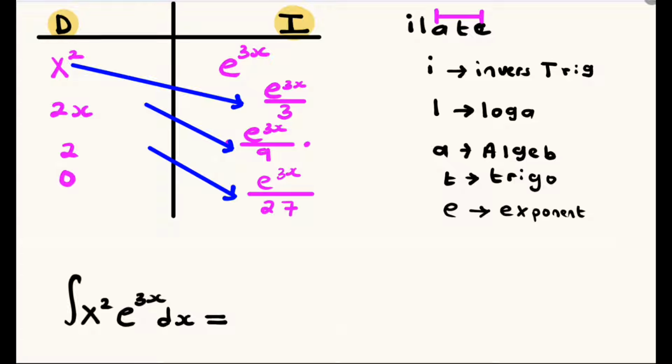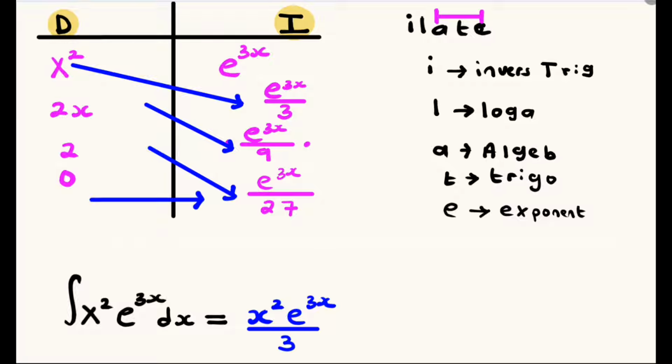We multiply the ones which go diagonally, so our integral will be equal to x squared multiplied by e raised to the power 3x divided by 3. We will focus on going diagonally for now, and at the end we are going to have the integral of that 0 multiplied by e raised to the power 3x divided by 27.